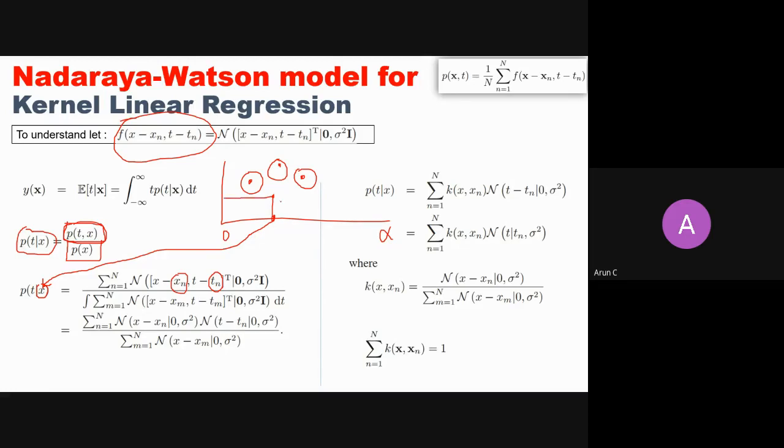So this is x comma t, where I want to calculate the density. First I find what is the probability from this component, from this component, from this component. Then I sum them up and then I normalize it. This is my joint probability using Parzen density estimation.